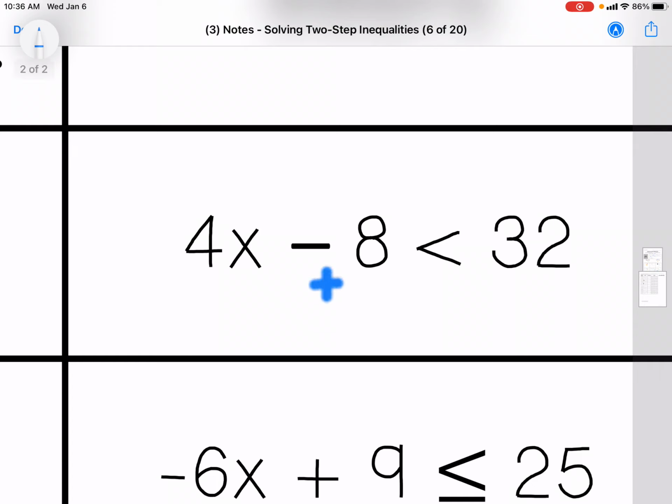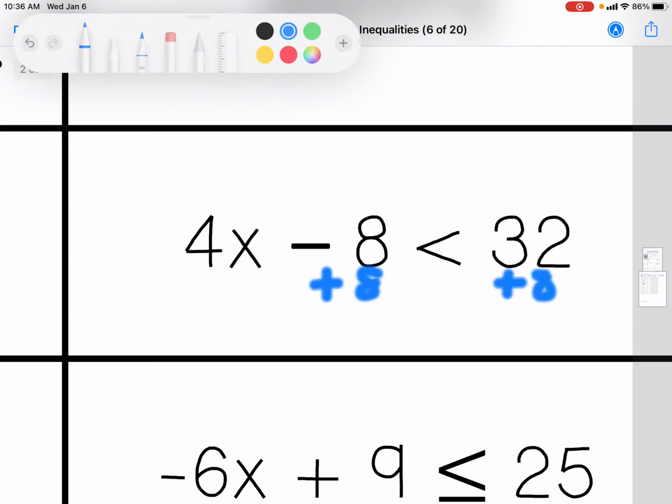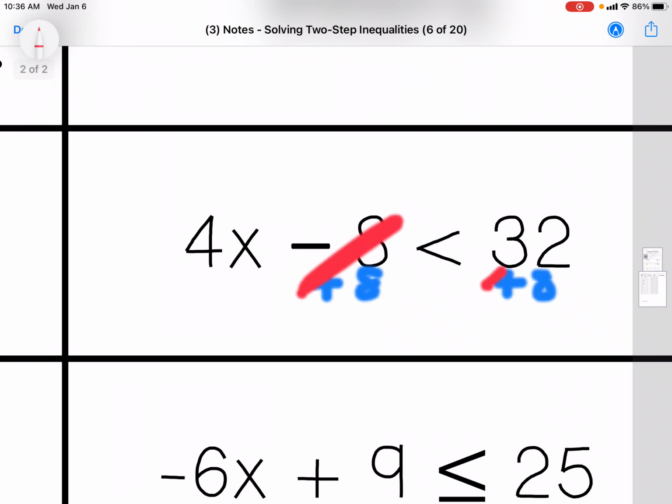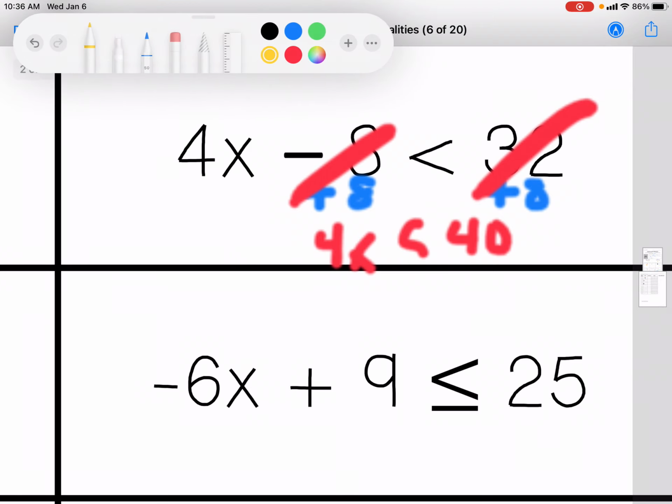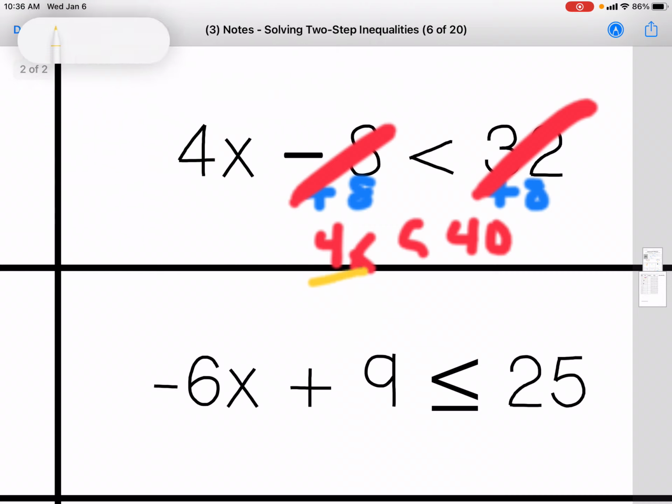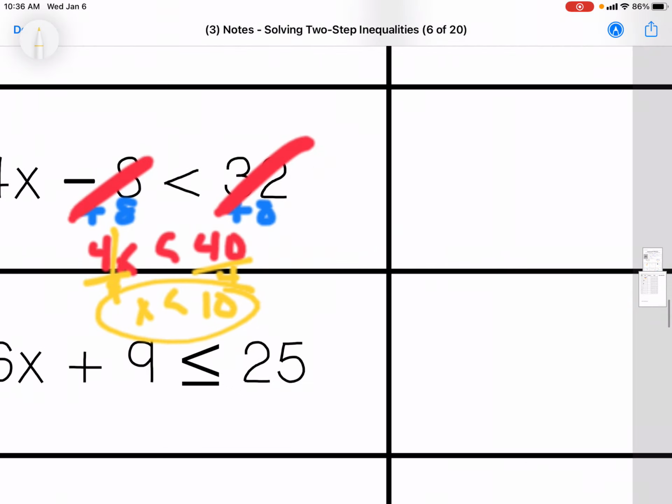All right, so I'm going to add 8 to both sides. Going to be left with 4x less than 40. Going to divide by 4, and I'm going to be left with x is less than 10.